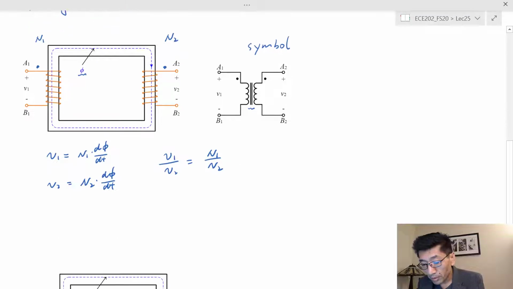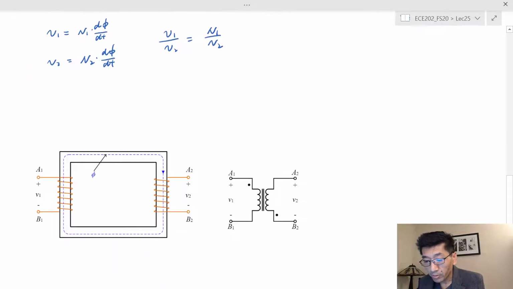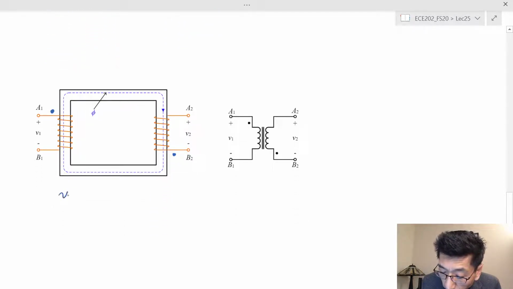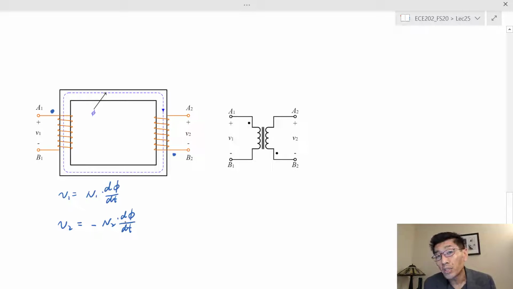Now if we look at a different arrangement for the second winding, where the dotted terminal is moved to the bottom, the induced voltage V1 is still N1 times d phi dt, but for the second winding, V2 is equal to negative N2 d phi dt.